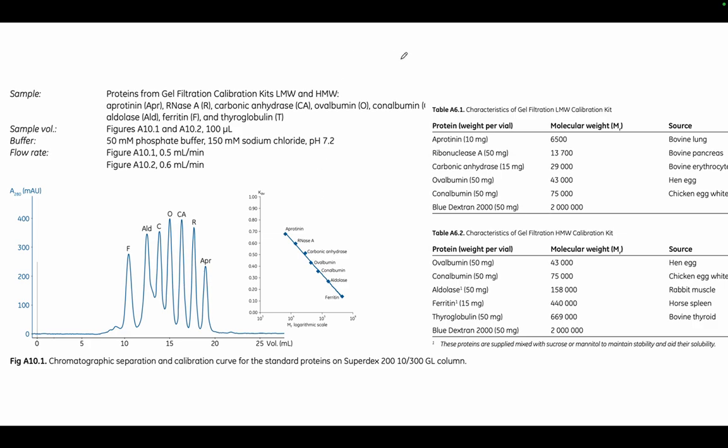So how the calibration curve works is that we know that log of the molecular weight is proportional to elution volume.